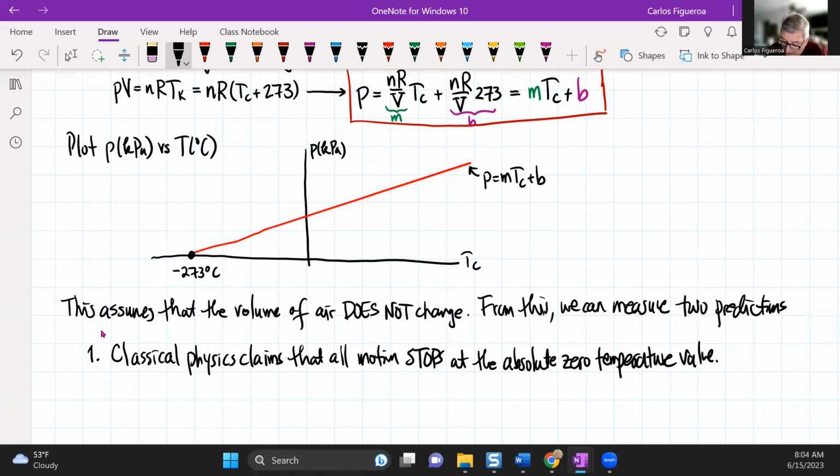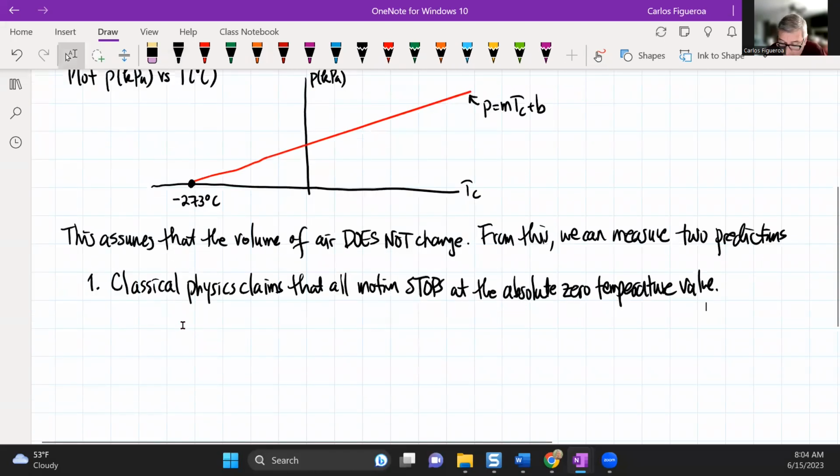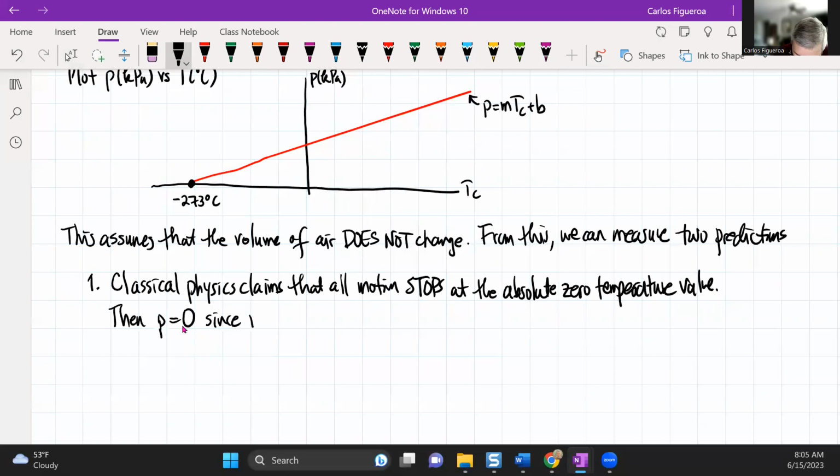And the reason why all motion stops here, they're saying that it gets so cold that there's no more molecular motion. So they say here is that then P is equal to zero since no molecular motion occurs.